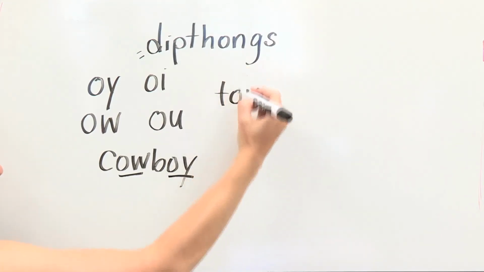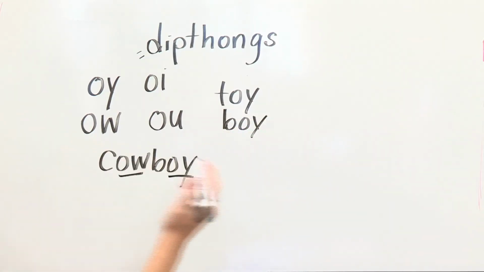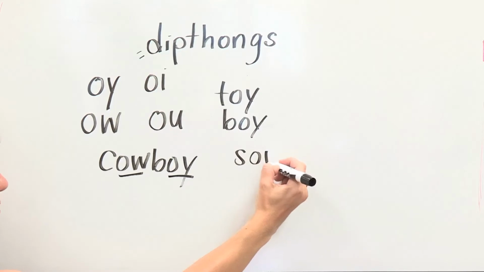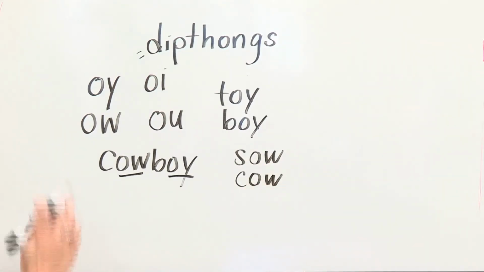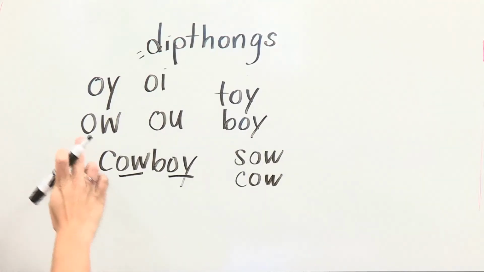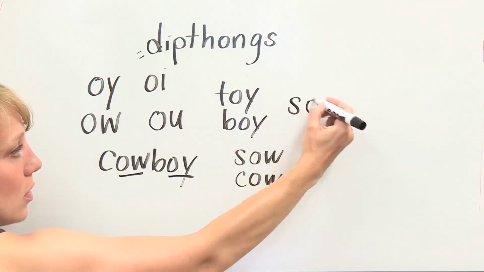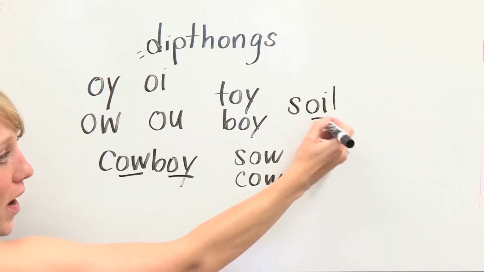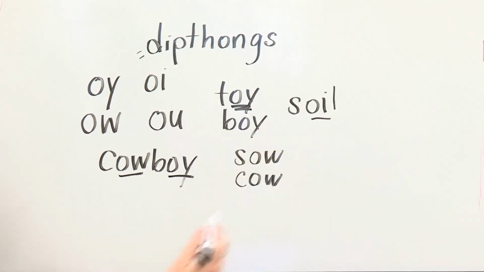Boy, we already know that one. With OW, we have sow, as in the pig, cow. We have to be careful because that can also make long O. And then OI: soy, oil. OW is typically at the end of a word, OI is typically in the middle.